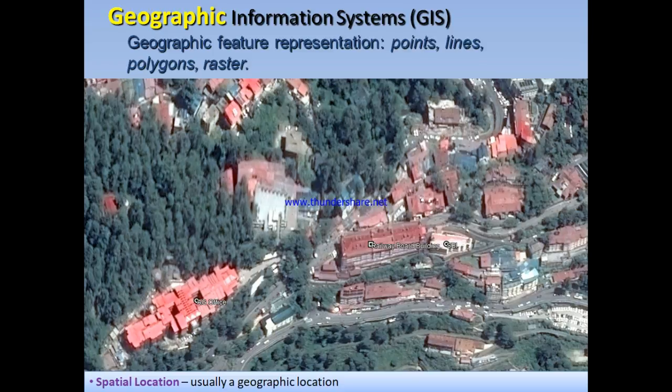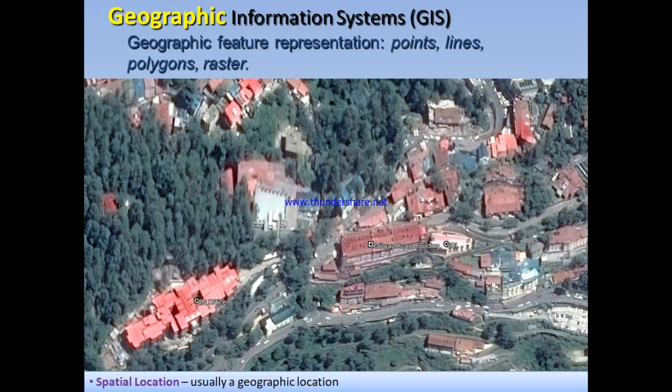If we are drawing roads, sewerage lines, electricity lines, streets, etc., then we will use lines. If we are demarcating the outer boundary, then we will use polygons. And these three shapes, point, line, polygon, are called vector layers, vector data.